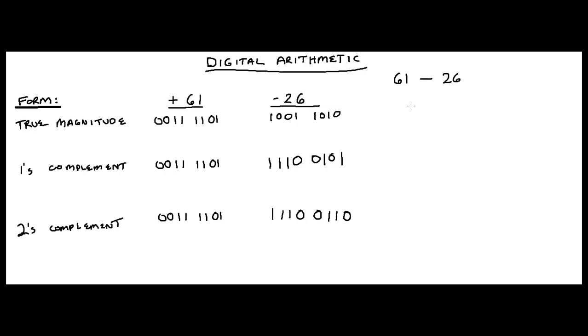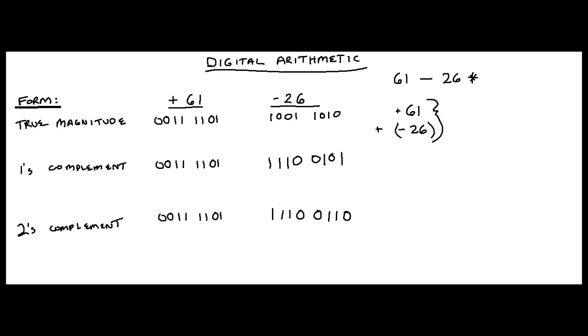Let's say we want to take positive 61 and we want to add to it negative 26. Conceptually, it makes a lot of sense, right? You're just adding a negative number. You know how to do this. We already went over that in our digital arithmetic. But this right here, this is what you're going to use your 2's complement for, okay?